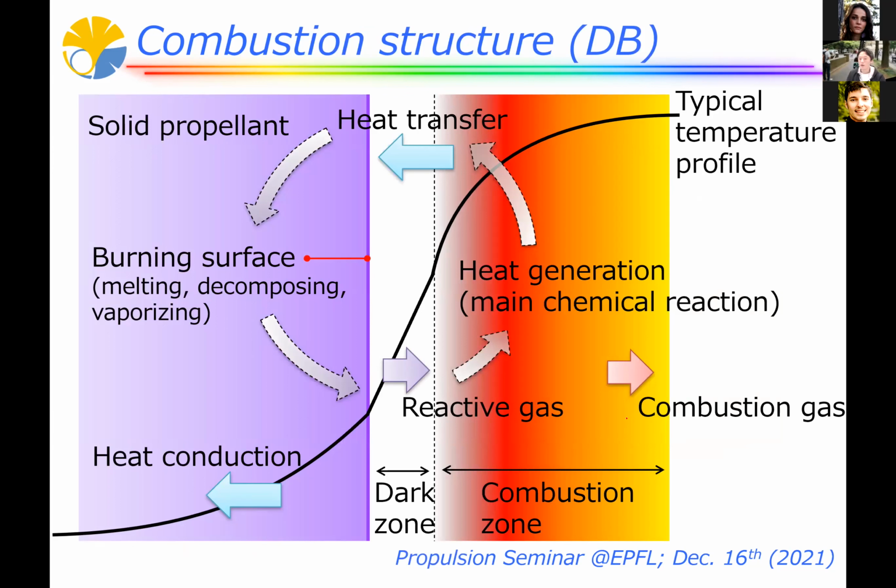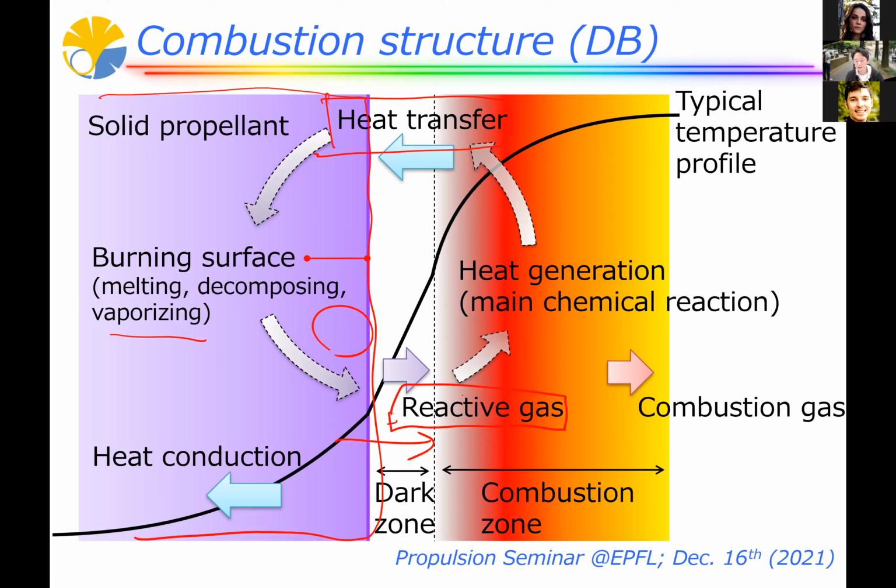And in this slide, I want to talk about the basic mechanism of the combustion of the solid propellant. In this figure, this purple block shows the solid propellant. The solid propellant itself basically does not combust. For the combustion, first, it needs to be decomposed and vaporized, becoming gas. So by inputting heat from somewhere, we can melt, decompose, or vaporize this solid block, and we can generate gas like this to the right-hand side.